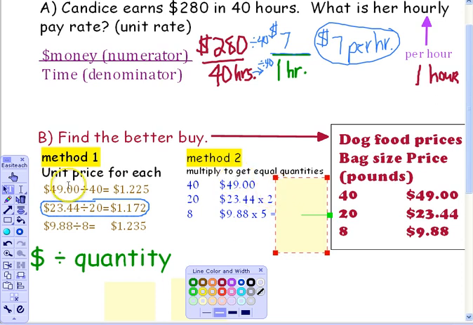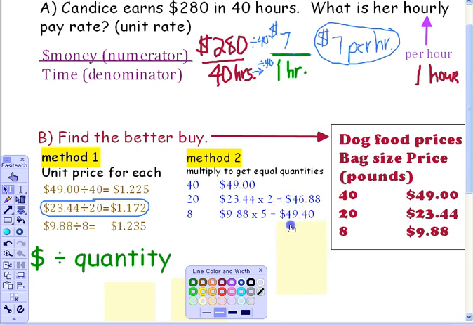So what we're doing is we're just taking those same prices and we're increasing. So the 40-pound bag, of course, is still going to be 49. Sorry about that interruption. So the 40-pound bag, $49. If we buy 2 of these 20-pound bags, that would also equal 40 pounds. This one would now cost us $46.88 when we double the price.